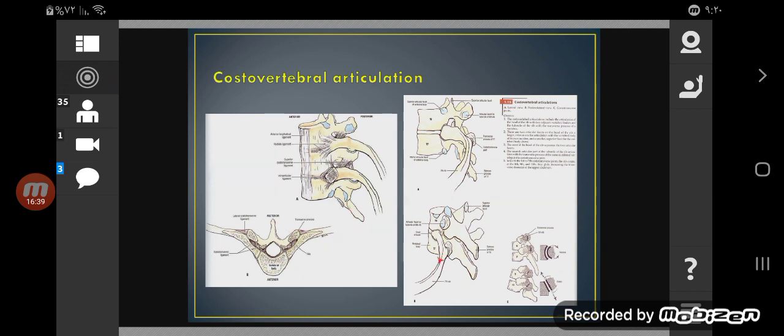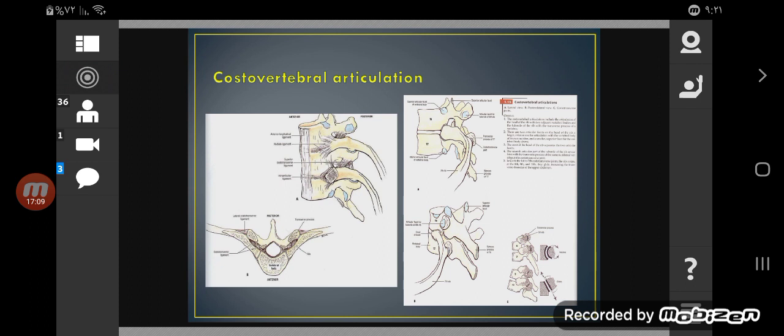I mean that, for example, if it's rib 7, the crest of the neck of this rib binds to the transverse process of T6 with the superior costotransverse ligament.